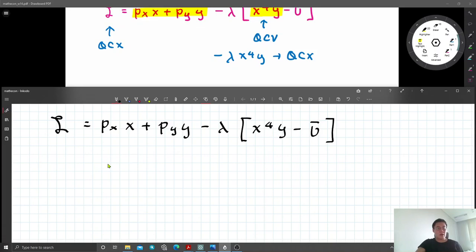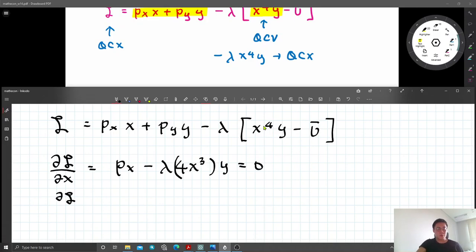By taking the derivative with respect to x, I obtain px minus lambda times 4x cubed times y, set equal to 0.